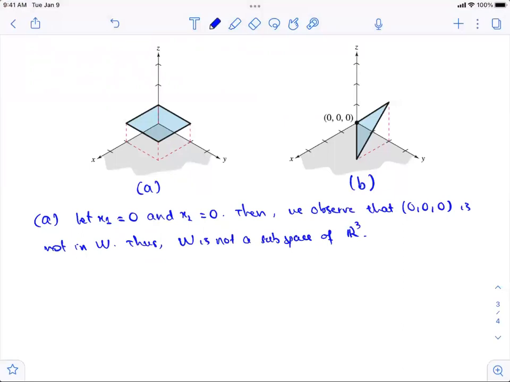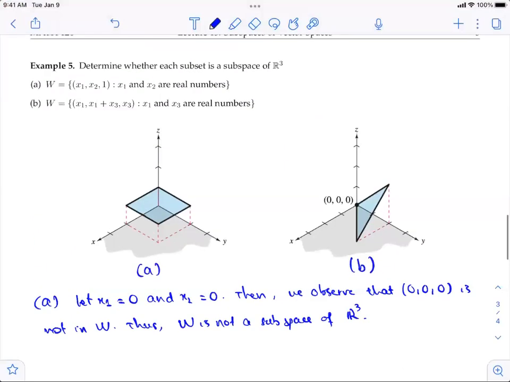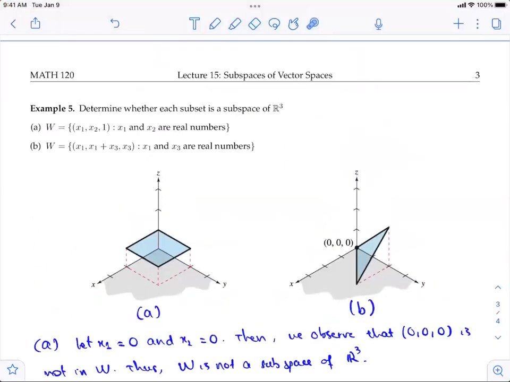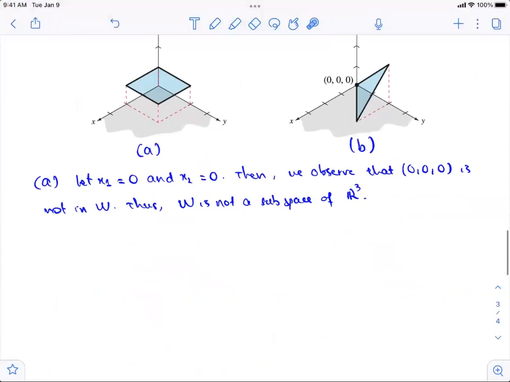For the second set, it consists of vectors of the form (x1, x1 + x3, x3), where x1 and x3 are real numbers. We are going to do the same thing. We check that the zero vector is in the set, that the set is closed under vector addition, and that the set is closed under scalar multiplication.